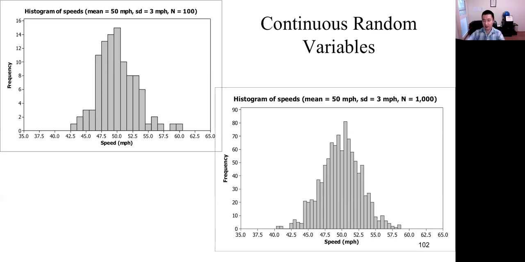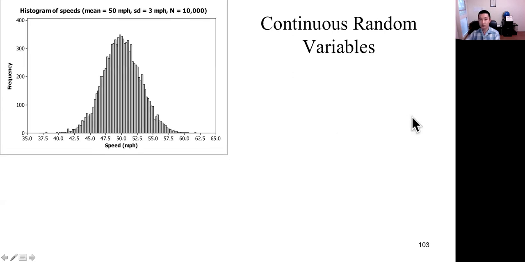In this case, the width is 0.5 miles per hour. So we have more samples, and the intervals become smaller and smaller when we increase the sample size. And here we have 10,000 cars. Again, the interval becomes even smaller.